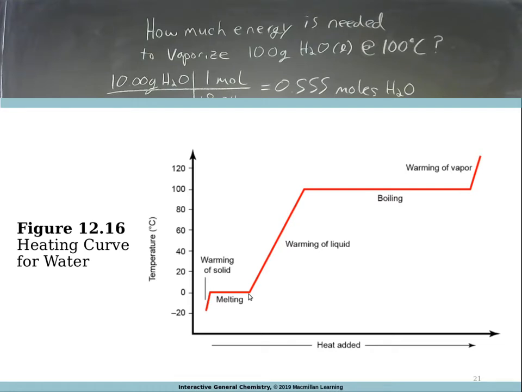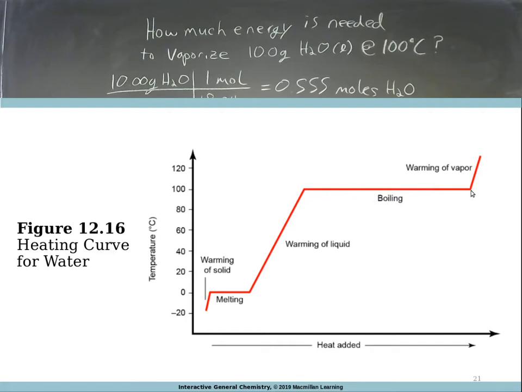And now as we add the heat, then the temperature will begin to climb until we reach the boiling point of liquid water at 100 degrees Celsius. And here we enter a new phase transition, vaporization from liquid to water vapor. And you may remember that enthalpy of vaporization was a very large number, 40.7 kilojoules per mole, and so it's going to take an awful lot of energy to complete that phase transition.